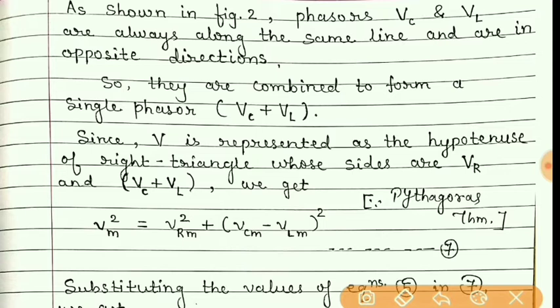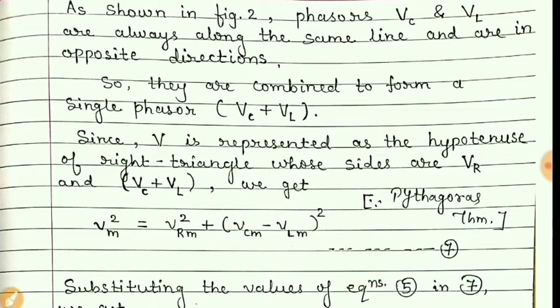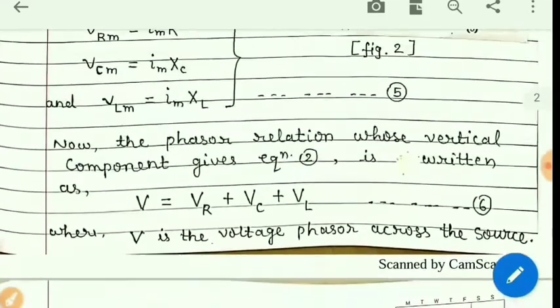Now writing this equation, as VCM and VLM are on the same line and VCM is greater than VLM, they make a right angle triangle. You can see once again this figure.